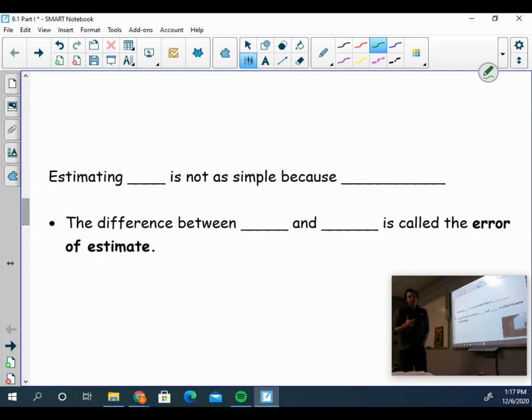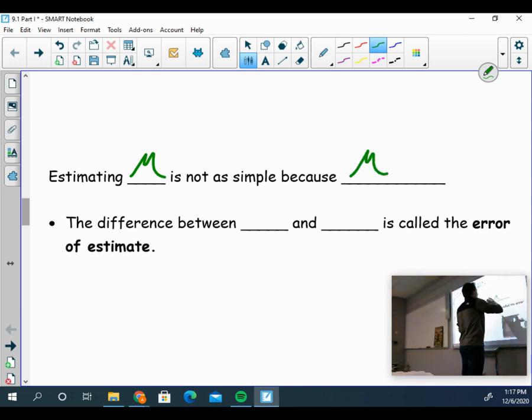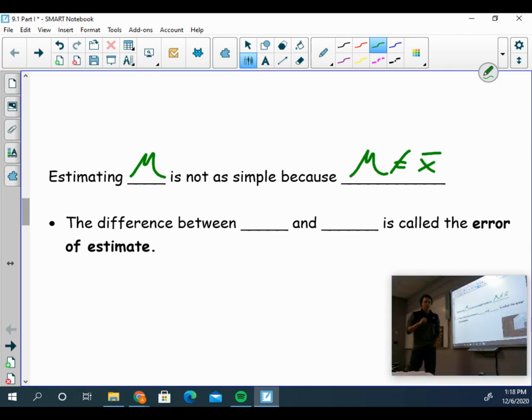What we're going to focus on in 9.1 is estimating the population mean. And the problem is, estimating mu is not as simple, because unlike the population standard deviation and the sample standard deviation, the population mean does not equal the sample mean.